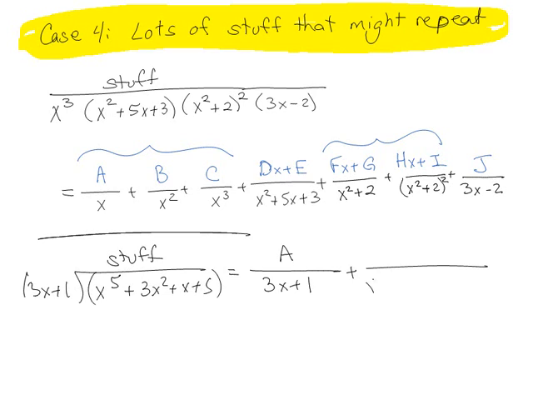And then the x to the 5th plus 3x squared plus x plus 5 would have a 4th degree polynomial on top: bx to the 4th plus cx cubed plus dx squared plus e. That's really why you never do that in the classroom, because by then you just learn how to use MATLAB and move on. But that's the basic cases of partial fractions, and we can do some practice.